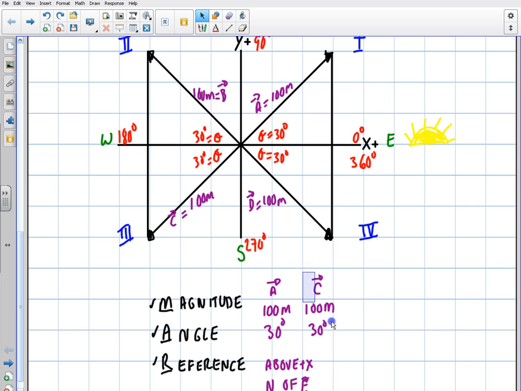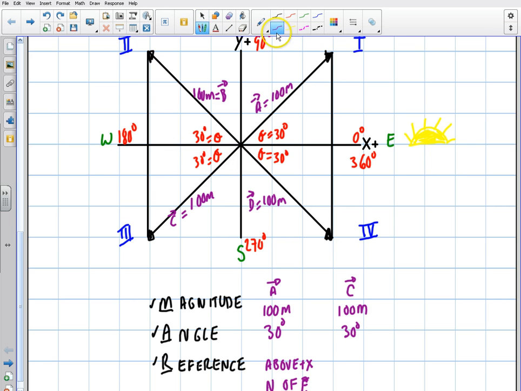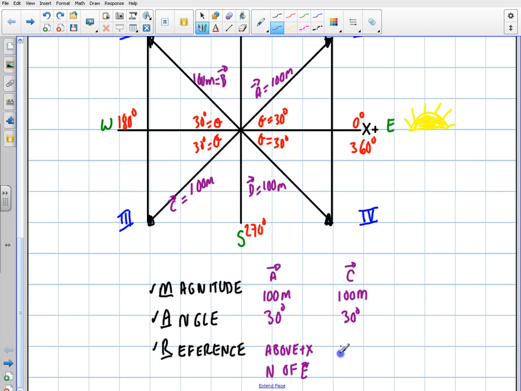And what is my reference for C? If we're talking about this axis, it's below what? Below the negative x-axis. So I'm going to say below negative x-axis. Okay? Or I can say it is south of west.